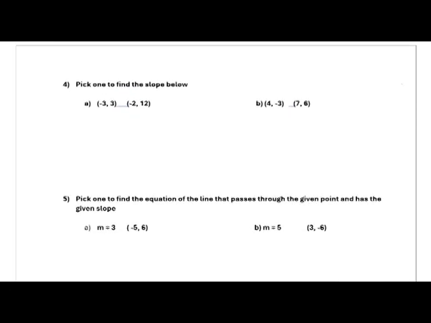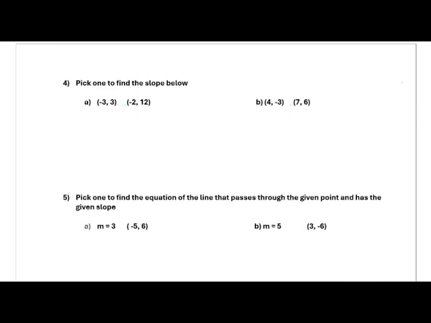All right, number 4. It says pick one to find the slope below. Well, in order for you to find that slope, you need to know the equation of slope. The equation for slope is m equals y2 minus y1 over x2 minus x1.